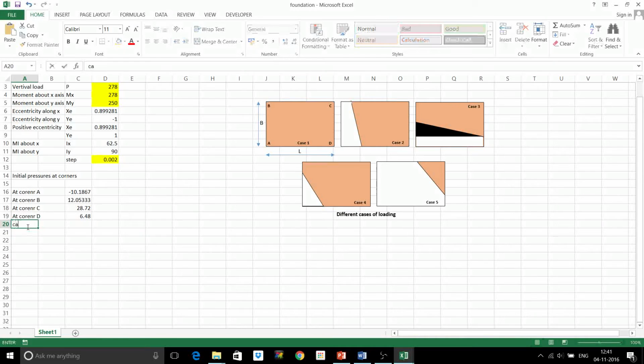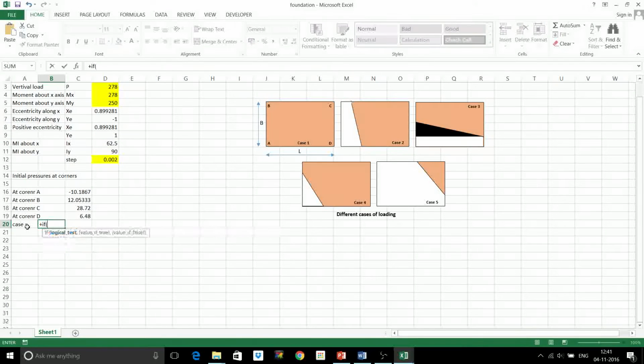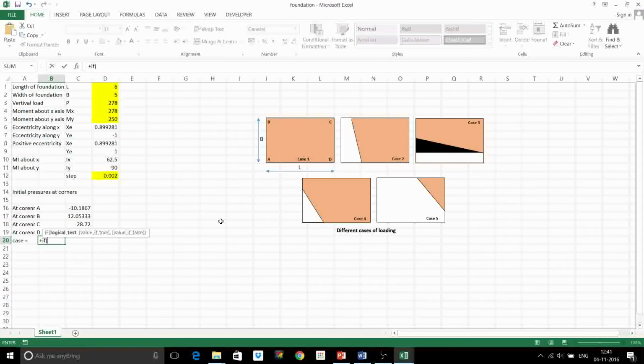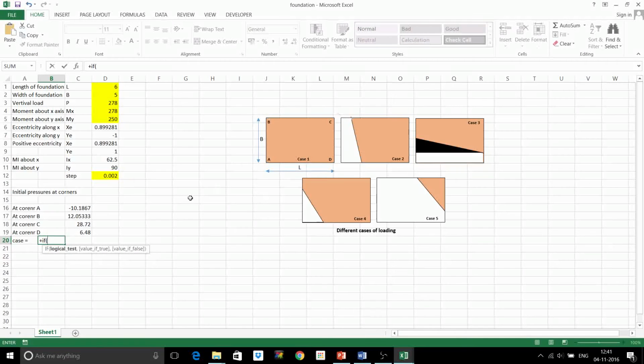Case is, if A and B, and A is less than 0, this is less than 0, then it is a case 2.